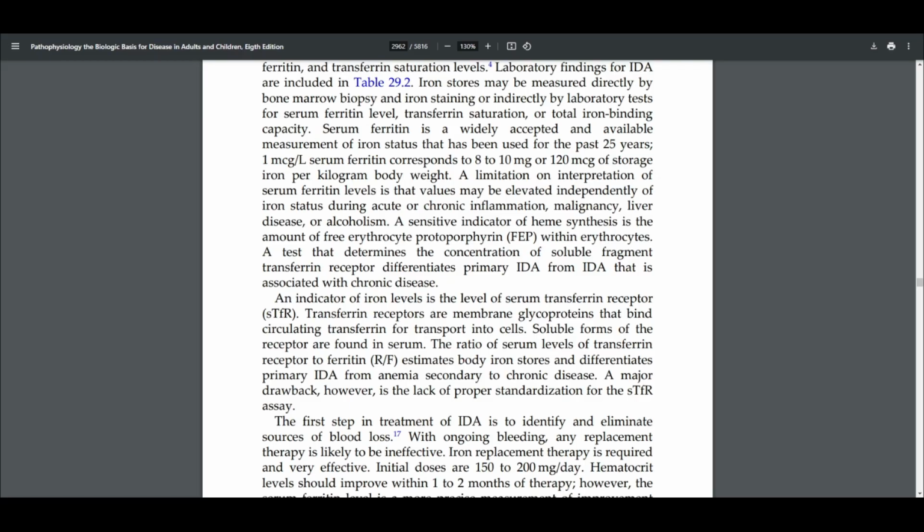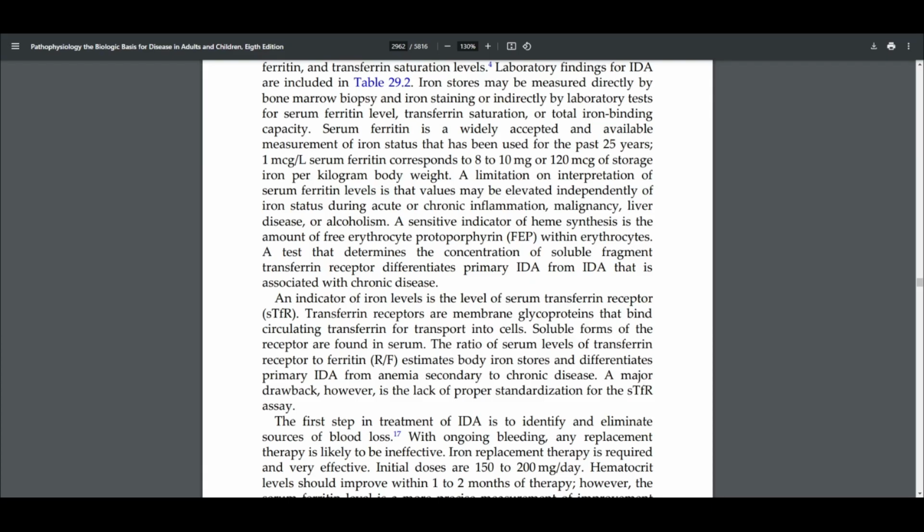Serum ferritin is a widely accepted and available measurement of iron status that has been used for the past 25 years. 1 microgram per liter of serum ferritin corresponds to 8 to 10 milligrams, or 120 micrograms, of storage iron per kilogram of body weight.